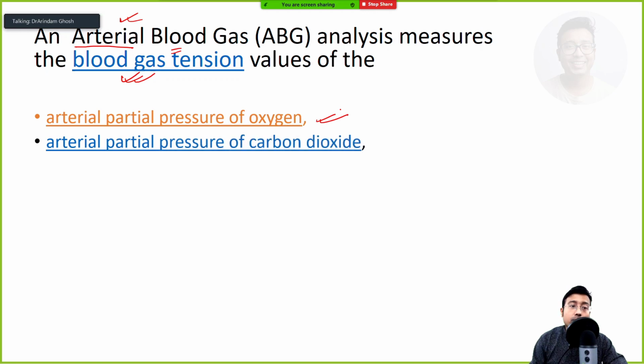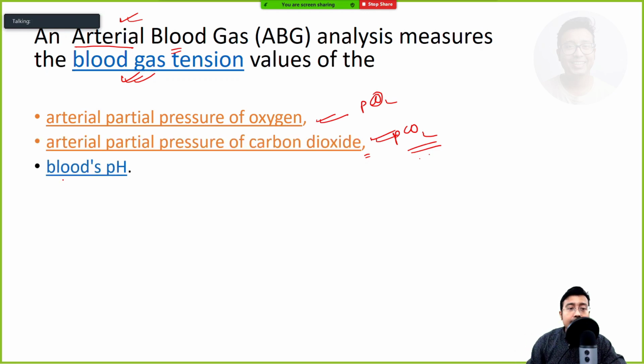Next, most important, arterial partial pressure of carbon dioxide. So it is PO2 and PCO2. Both are important because PCO2 gives us much more detail about the acidosis and alkalosis status, whether it is respiratory, whether compensation is going on, everything, right? Next, pH, very important.